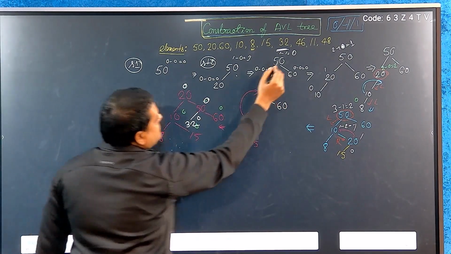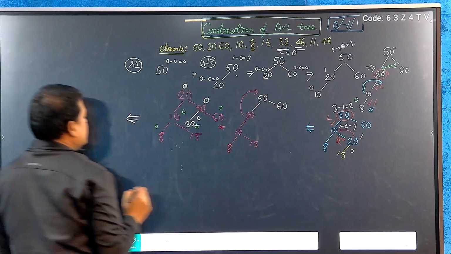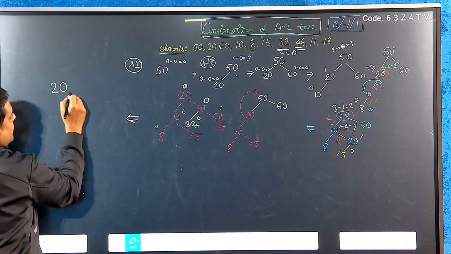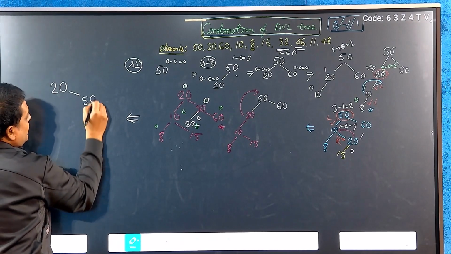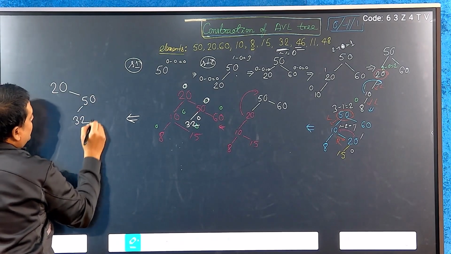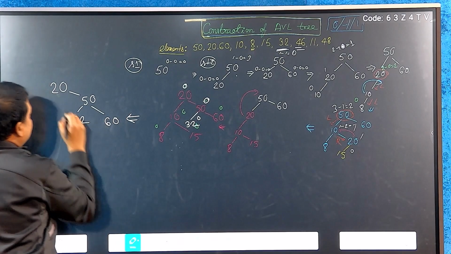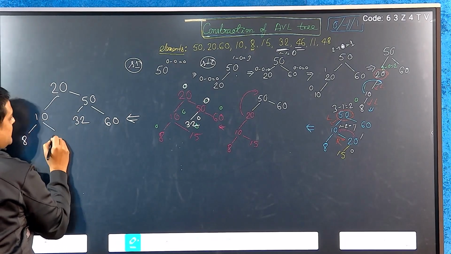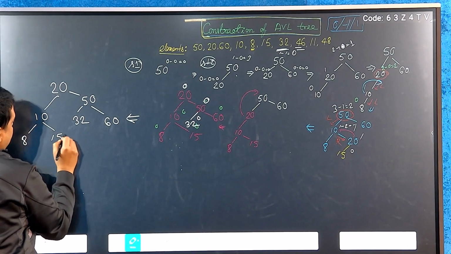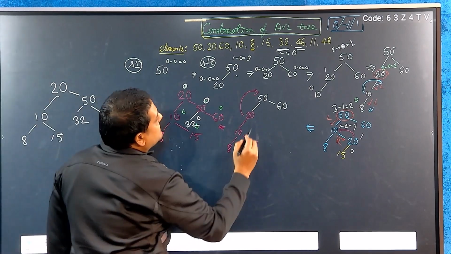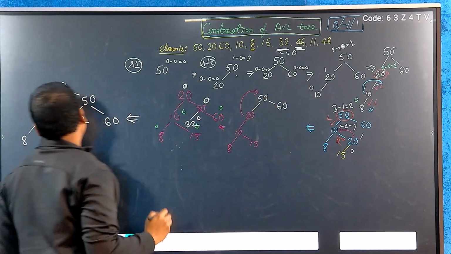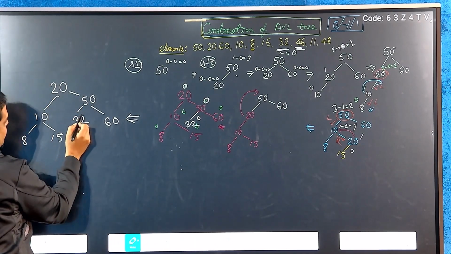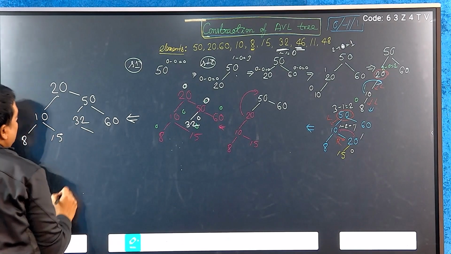Then what element is there? 46. If we insert 46, let me draw it again. 20 is here, 50 is here, 32, 60, here it is 10, here it is 8, here it is 15. Now, we are going to insert 46. It is greater than 20, lesser than 50, greater than 32.